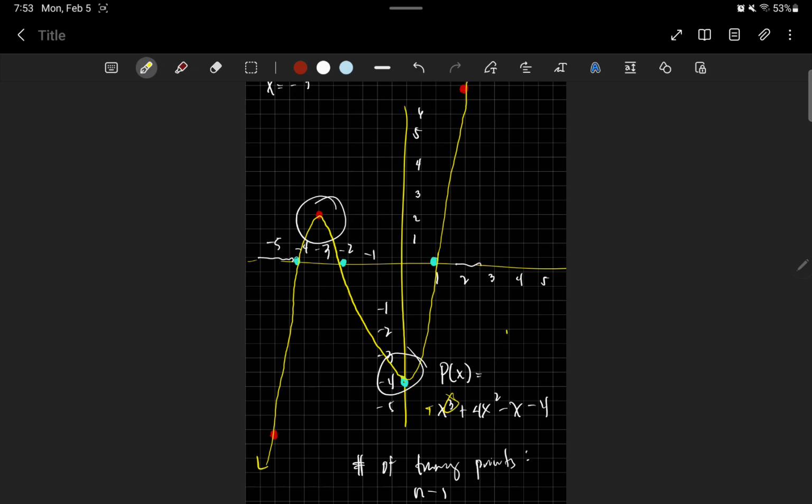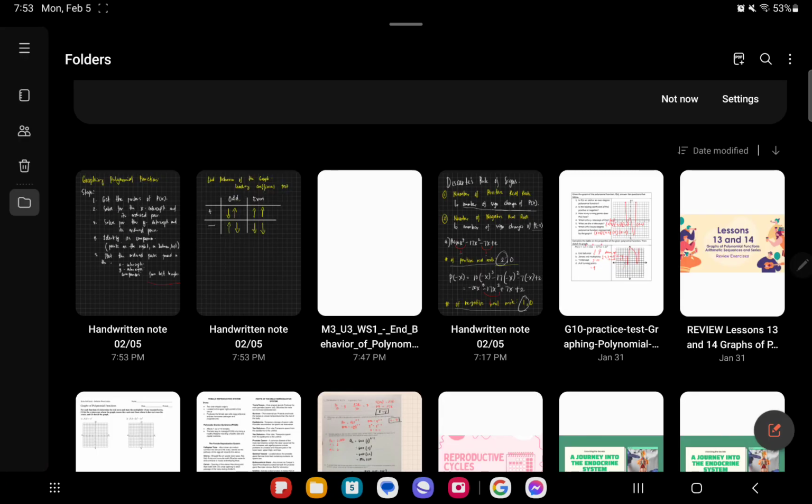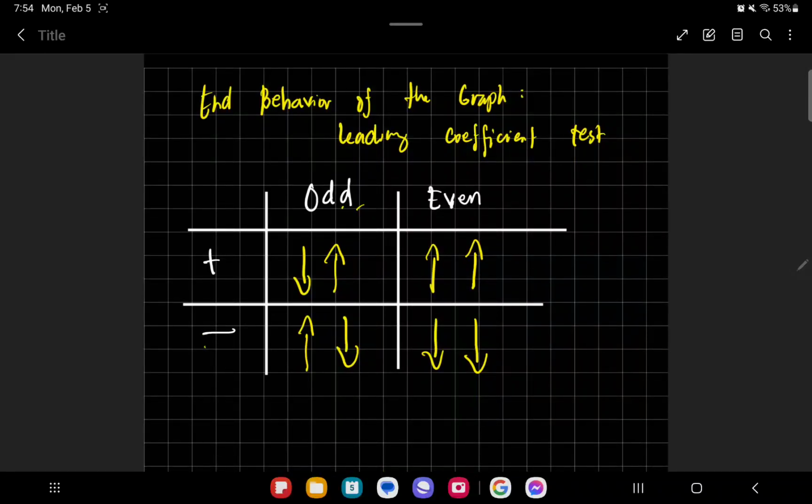Therefore, ang behavior ng graphs nito is falling on the left side, then rising on the right side. So kung titingnan natin yung graph, 'di ba falling siya dito? So this is falling and rising siya sa right side. So without graphing, alam natin ano yung behavior ng bawat graphs ng ating polynomial function.